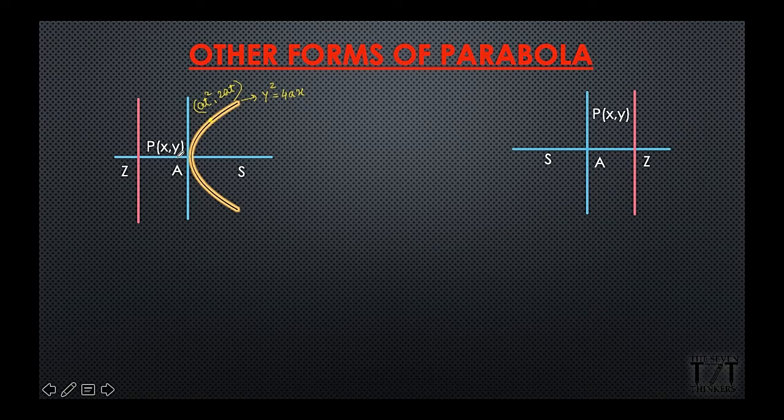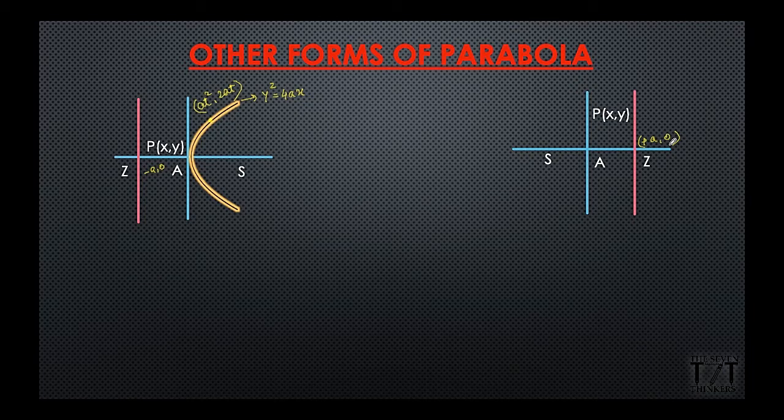As you can see over here, the directrix has been shifted from minus a comma 0 to plus a comma 0. Everything, all the standardized equation format which we proved in the first lecture, the way we proved, everything remains the same.